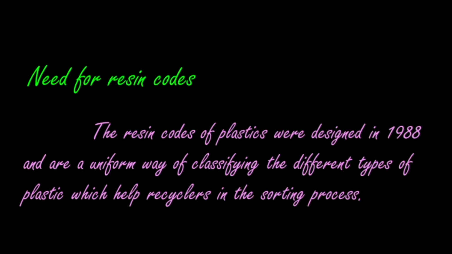In which year were the resin codes designed? In 1988. Why do we want to know the resin code? Each plastic is composed of a different polymer or a different set of molecules. We cannot mix the different molecules as a single one during the process of recycling. For example, if you want to recycle paper and glass, can we mix them with each other?